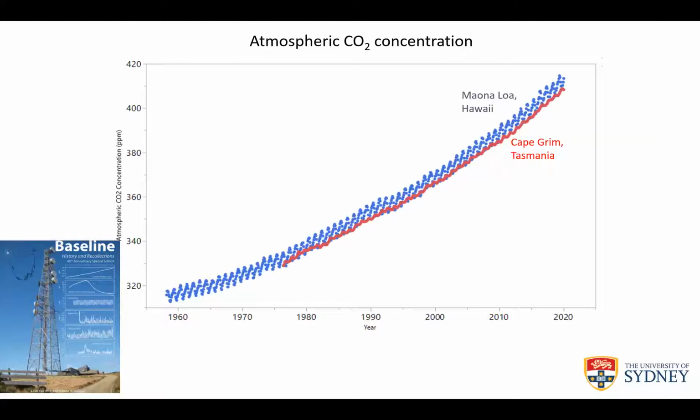Around 1975 in Tasmania, they also wanted to know the concentration of CO2 in the atmosphere. So they went to Tasmania. Tasmania is an island, not on the mainland of Australia, but an island south of Australia. In the picture here, there's this little place, Cape Grim. Why did they choose Cape Grim?